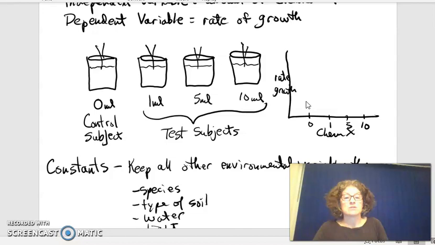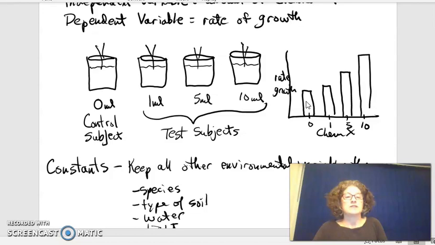And let's say that your 0, your control plants grew this much. And let's say your 1 milliliter plants grew this much, your 5 grew this much, and your 10 grew this much. So it definitely looks like there is an effect of your chemical X on the growth, because you definitely have more faster growth in the plants that got fertilizer than the one that did not.